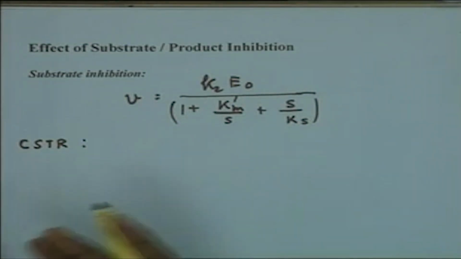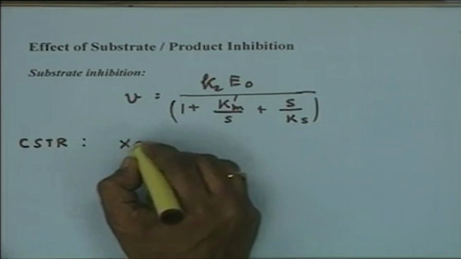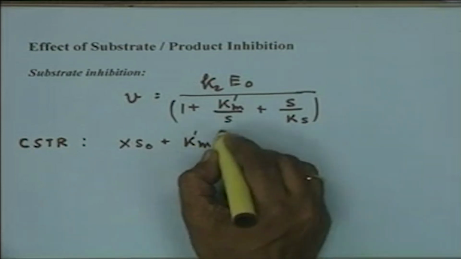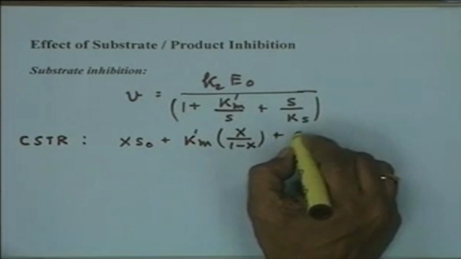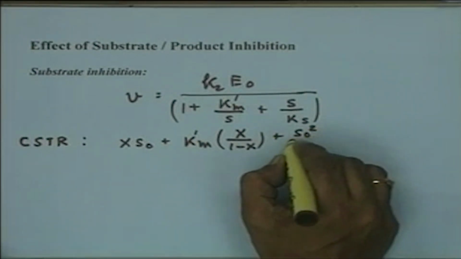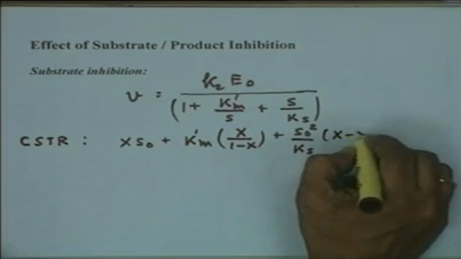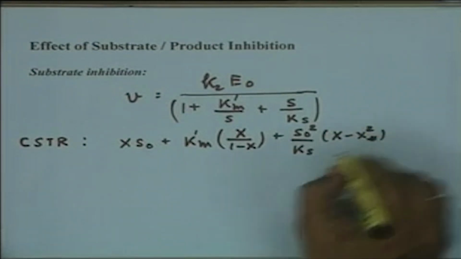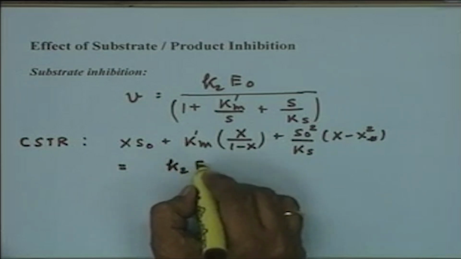That means you make a mass balance across the reactor, simplify it, and the final reactor performance equation for CSTR is x S naught plus K dash m x upon 1 minus x plus S naught square upon Ks times x minus x square equal to K2 E naught into tau.